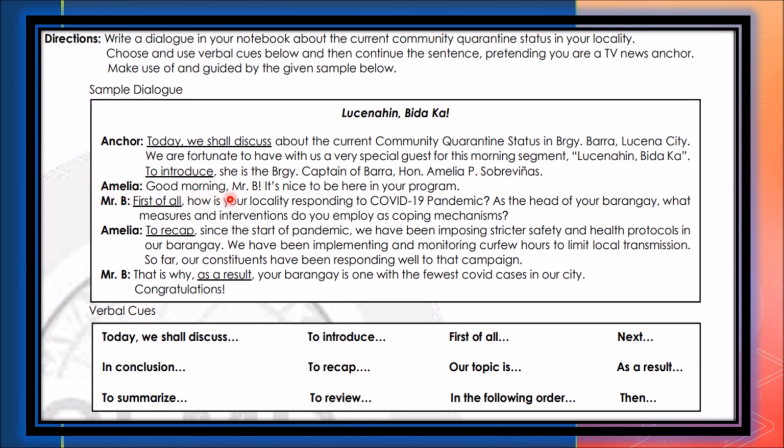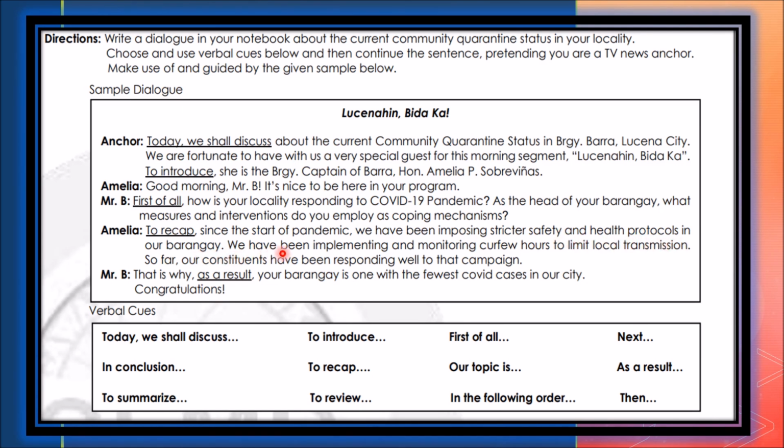Good morning, Mr. B. It's nice to be here in your program. Mr. B: First of all, how is your locality responding to COVID-19 pandemic? As the head of your barangay, what measures and interventions do you employ as coping mechanisms? Amelia: To recap, since the start of pandemic, we have been imposing stricter safety and health protocols in our barangay.